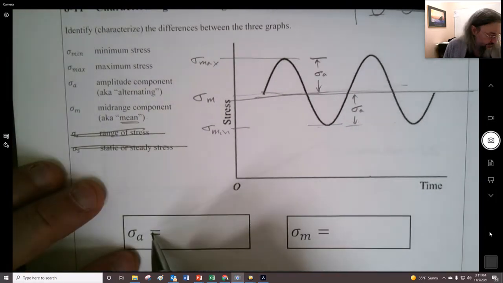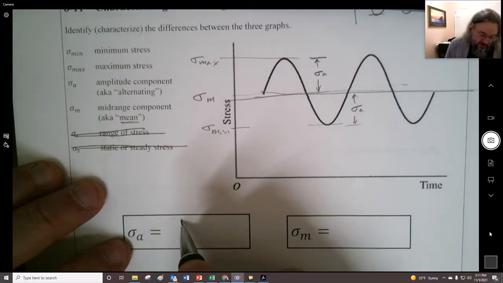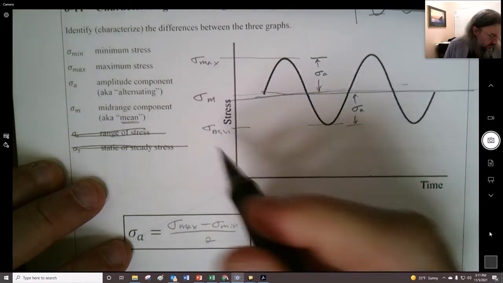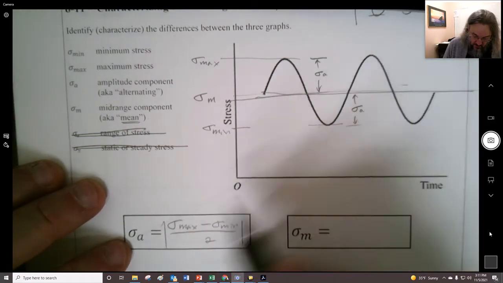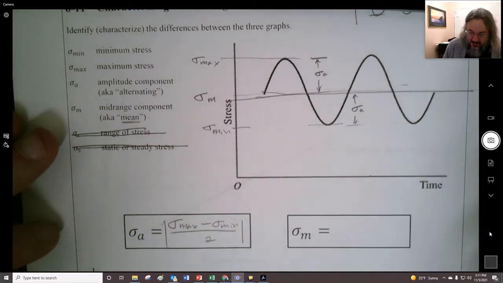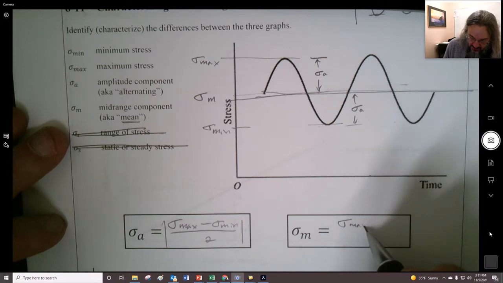So this is pretty intuitive. We could have the alternating stress as max minus min divided by 2. And by the way, we just call that whatever it is, not necessarily positive or negative. Here we have the max plus the min, divided by 2, so this is really just the average.